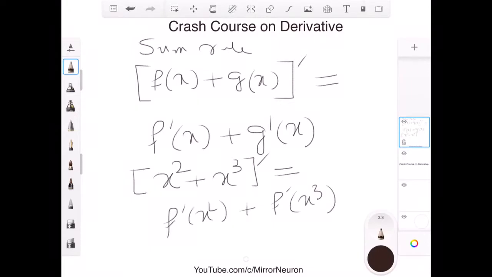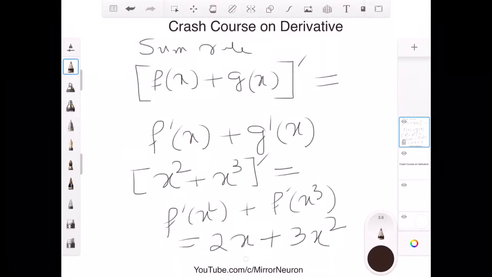As we have seen from the common derivatives, x square is similar to x to the power n, and we know the derivative of that is n times x to the power n minus 1. So this would become 2 times x to the power 2 minus 1, which is 1, plus 3 times x to the power 3 minus 1, which is 2. So it is 3x square. That way we can get the result.